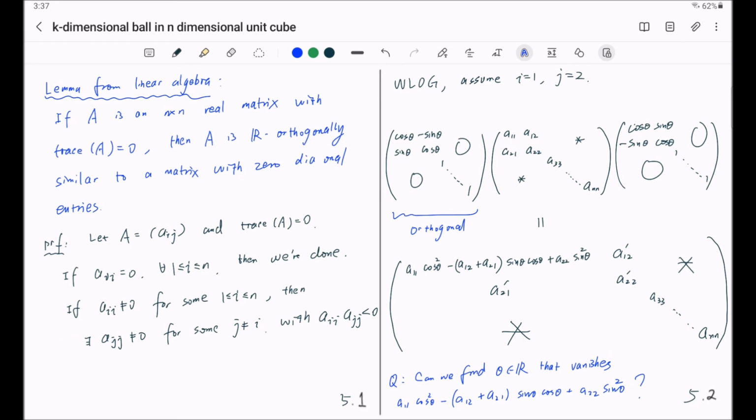What we do is keep conjugating this matrix A with orthogonal matrices. The product of orthogonal matrices is again orthogonal. So we are safe with this method. We have finished the proof of this lemma.